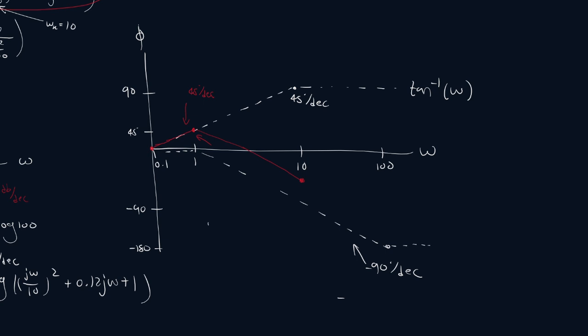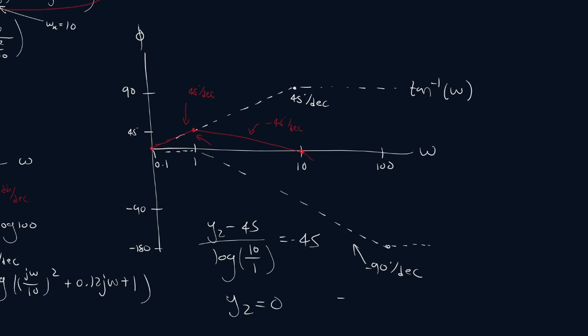So it's going to be y2 minus 45 all over log of 10 over 1 equals minus 45. And y2 is just going to be 0. So that means it actually stops somewhere here. Hold on. Obviously not to scale. So the slope here is minus 45 degrees per decade.